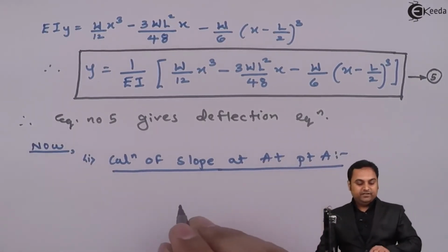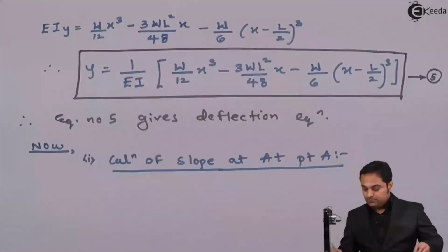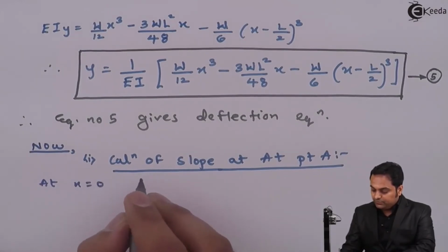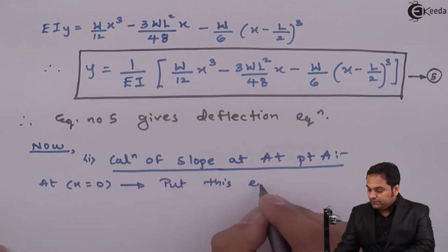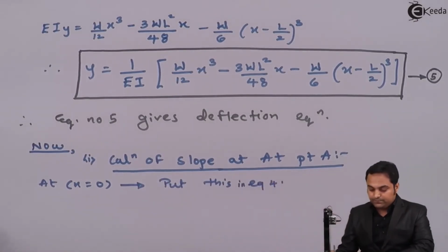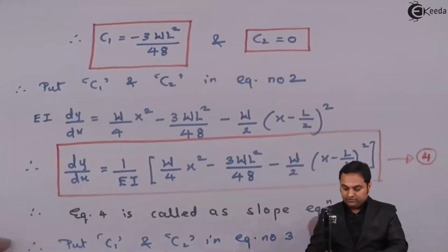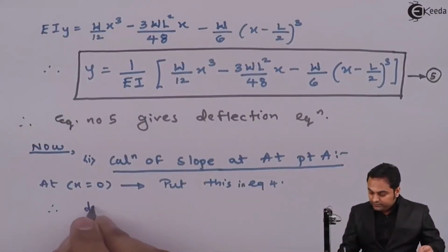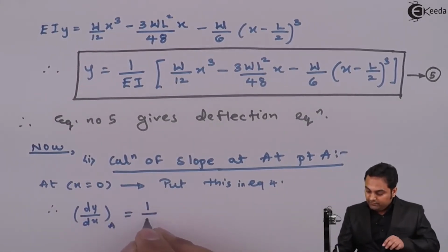Now at point A, when I am calculating the slope, I'll keep the distance x as 0. So here at x is equal to 0, put this in equation 4, that is the slope equation, and here we have the slope equation. I'll put x is 0, so therefore we have dy by dx at point A equal to 1 upon EI will remain as it is.